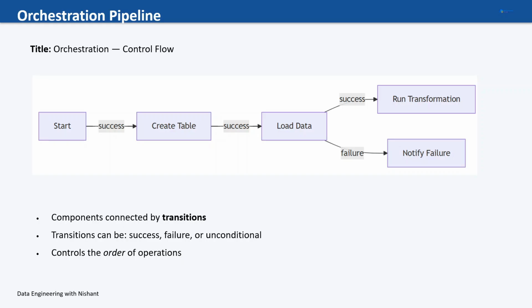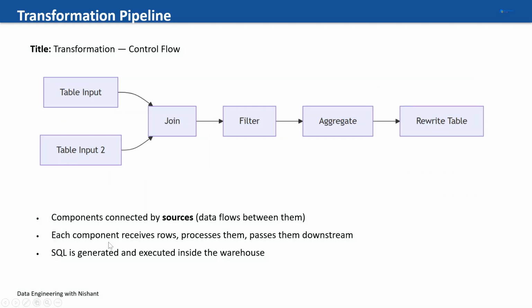You build your data logic inside the transformation and then use the orchestration to schedule, sequence, and handle errors. This is just another basic control flow of the transformation pipeline. I'll show you the real pipelines in the tool also.